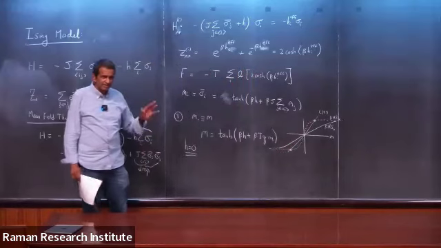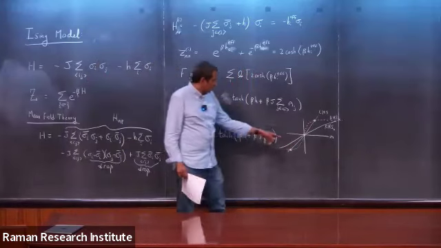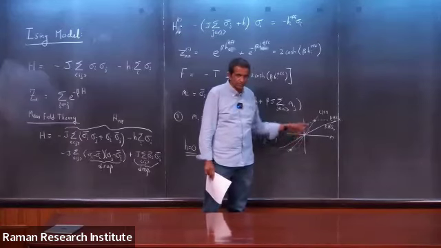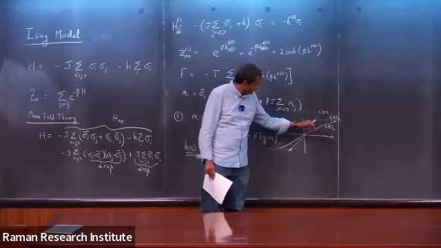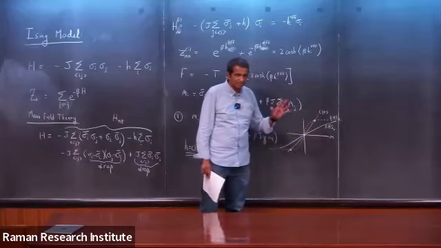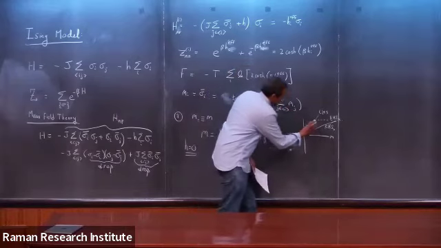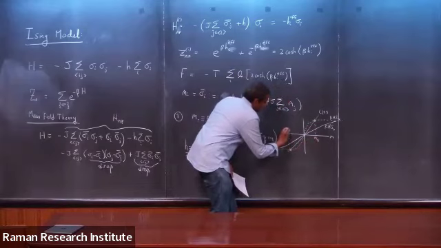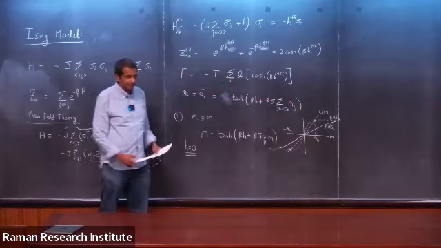This is the analog of the van der Waals problem, where we went from having a single root to having three roots. In fact, the physical roots, which have the lowest possible free energy, turn out to be these magnetizations here. Let's call it M naught, and this is minus M naught, and it depends on temperature.